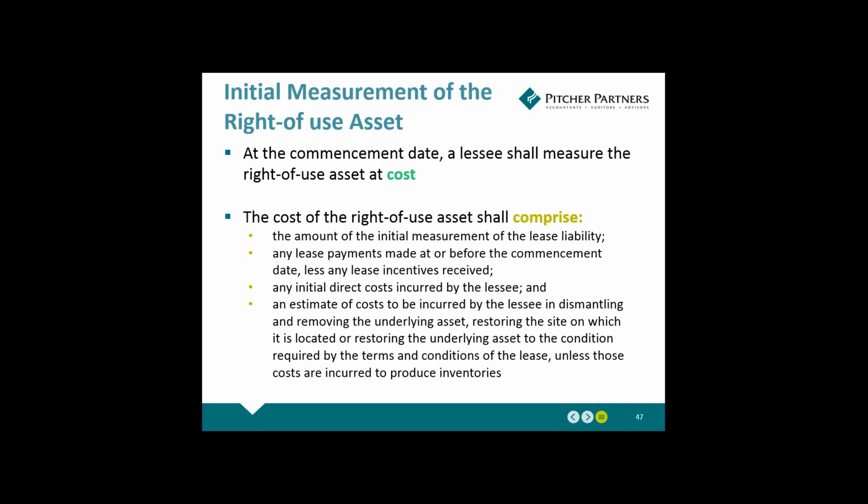So this last bullet point is very similar to the requirement we have around AASB 116 property, plant and equipment, that on day one you can already account for or include in the cost of property, plant and equipment this potential dismantling cost, and you create your liability in terms of AASB 137. So it's a similar requirement included in the cost of your right of use asset.